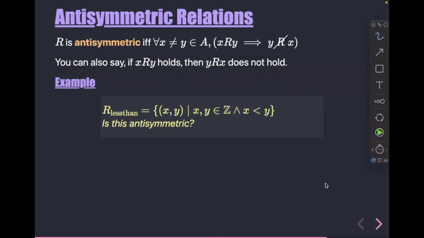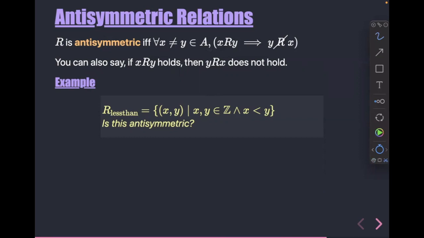And so similarly to reflexivity, we have this anti-symmetry. Something is anti-symmetric if it is always true that we cannot flip the ordering.